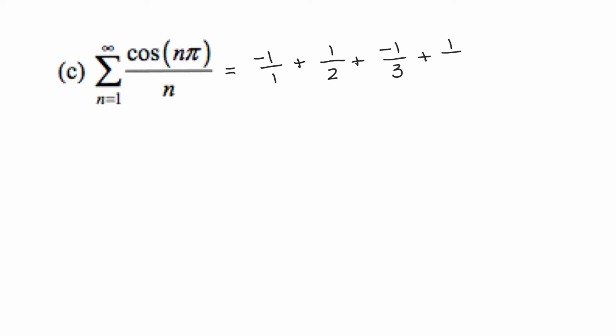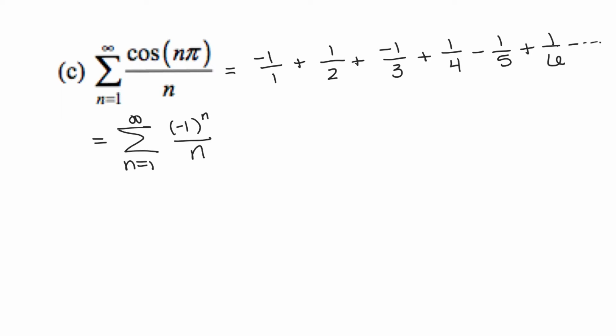Cosine of 4 pi is 1 over 4. So you can see what's happening is you're alternating between 1 and -1 in your numerator. So really, this series could be written as the sum from n equals 1 to infinity of -1 raised to the n, because you want to start with a negative, all over n. And there you can see your alternating series.